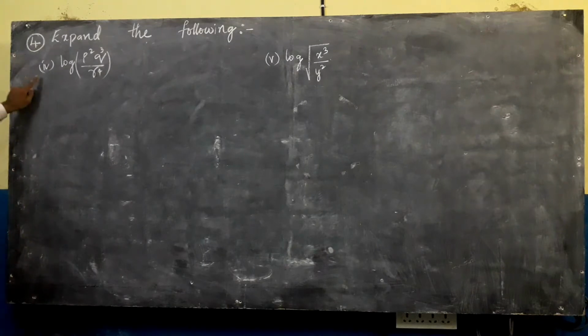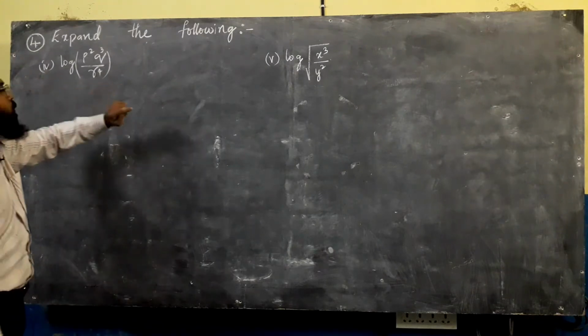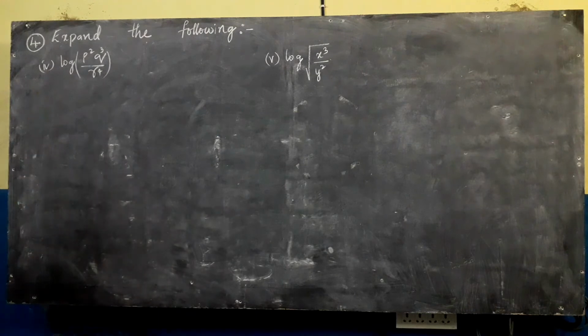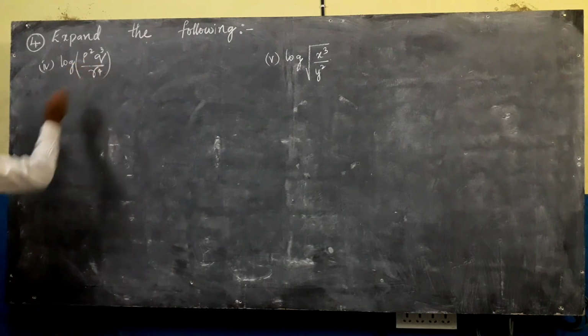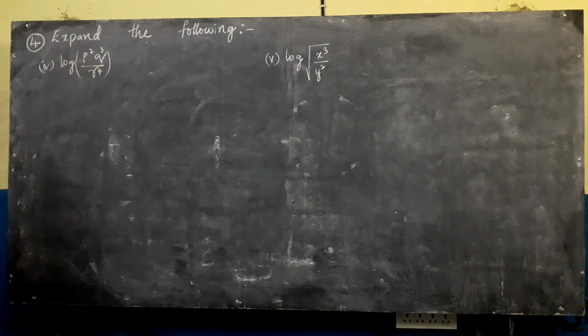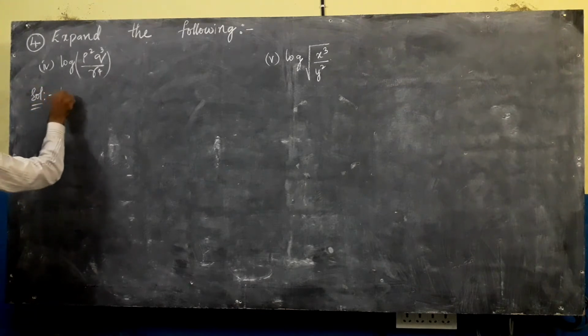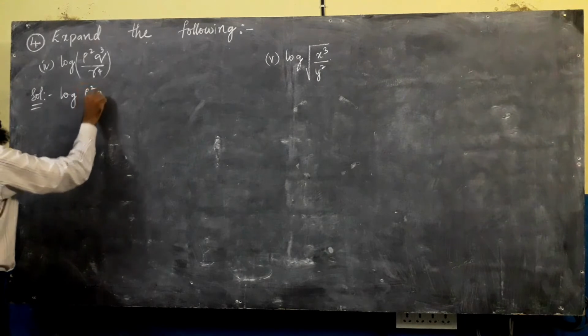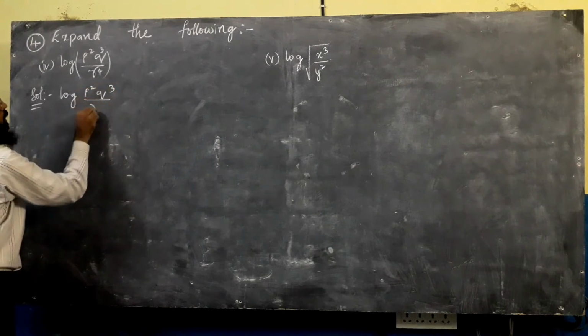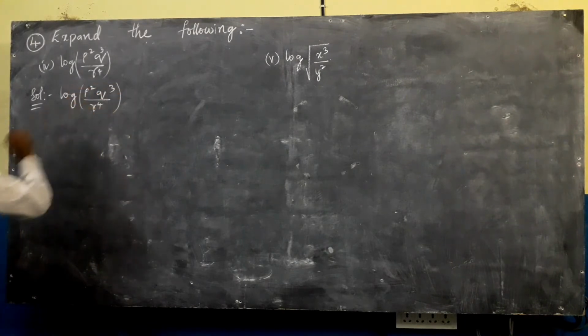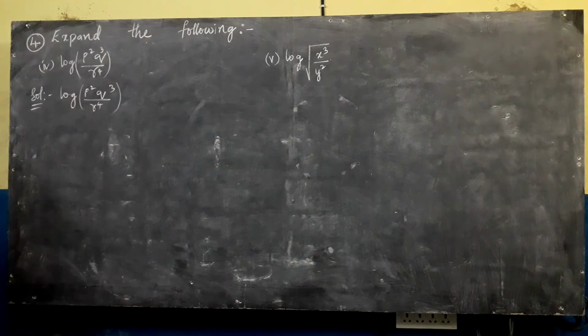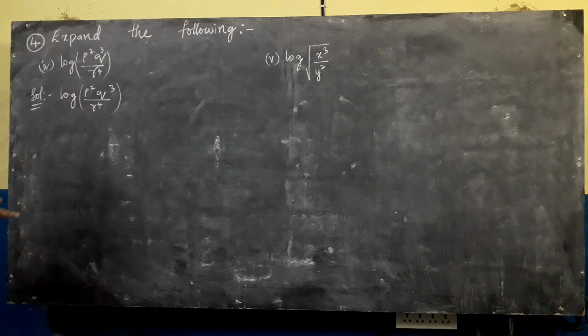Fourth problem, last two bits, fourth bit and fifth bit. In the fourth bit, they have given log p square q cube by r to the power of 4. So in solution, let us write log p square q cube by r to the power of 4. If we see, there are many formulas we are going to use.